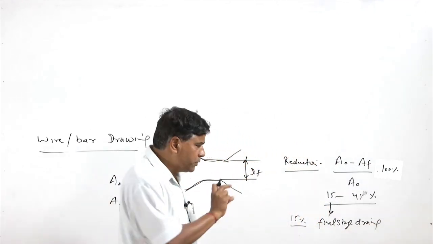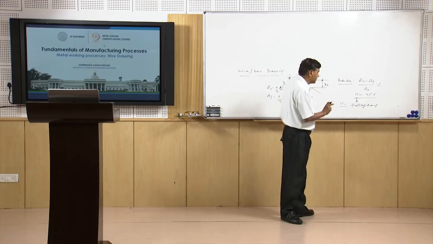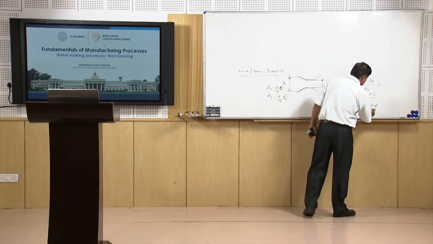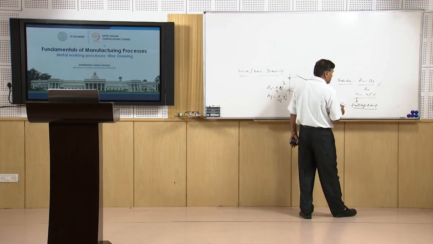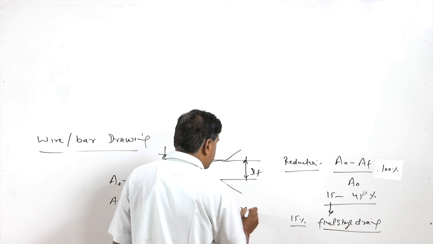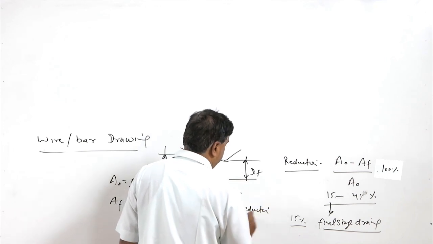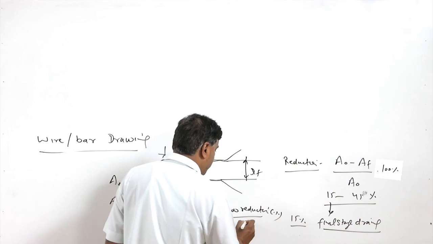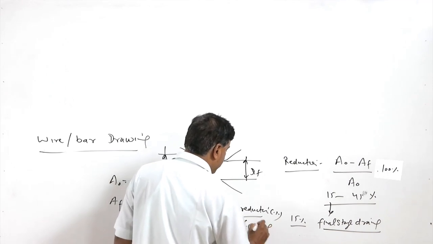It is smooth, so it offers better control over the dimensions, as well as a smoother surface finish. So basically the low reduction percentages are used for the finishing stage.